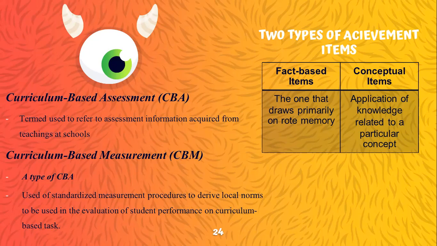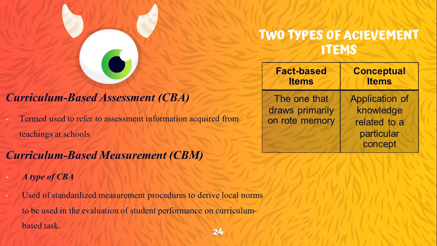First, let's discuss the fact-based items. These are the ones that draw primarily on rote memory. For example, the question is: what is the first color of the rainbow?